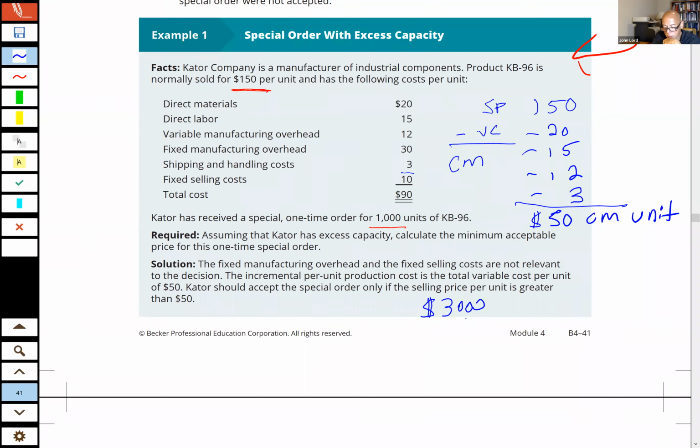You want $3,000 profit by selling these 1,000 units. I'm breaking even at $50 per unit. So do you use $3,000 divided by 50 units? So you add 60 units to 150 units, so you need to have 210 units.